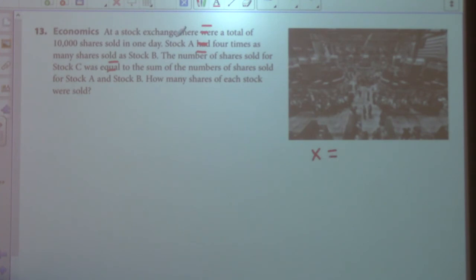So you're saying stock A is X? Yes. Okay. You could just leave A, but we'll make that X, okay? So had. So you're saying B is Y? Yes, sir. And C is going to be Z? Okay. X equals 4 times Y. 4Y. Okay. Is everybody good with that as one equation?